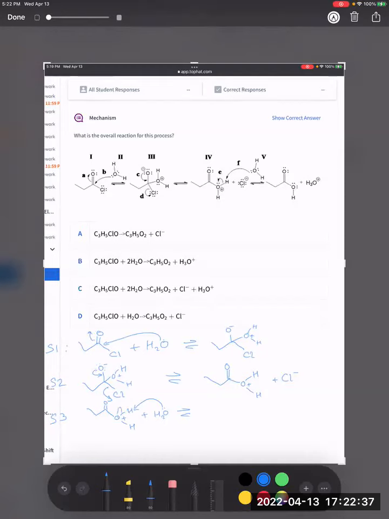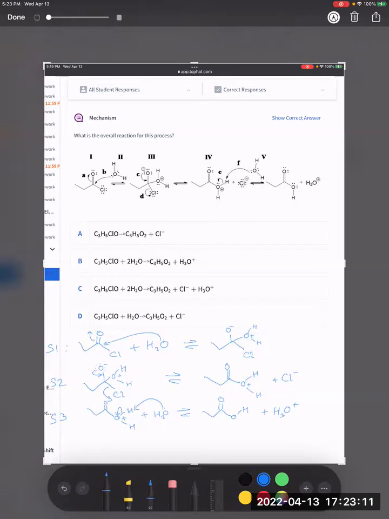The OH bond breaks. Okay. And then when that happens, you are going to get the carbon group and no H, and also you're going to end up with H3O plus, because when the proton is grabbed by the water molecule, you're going to have H3O plus. Okay, so this is what is happening in this reaction.